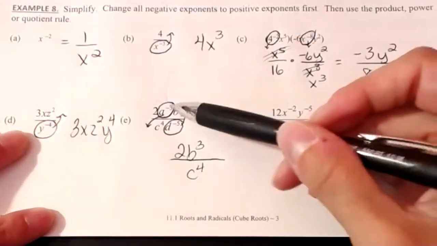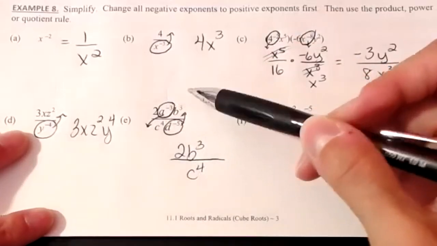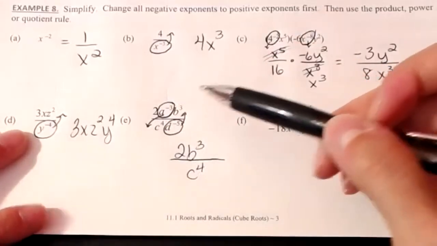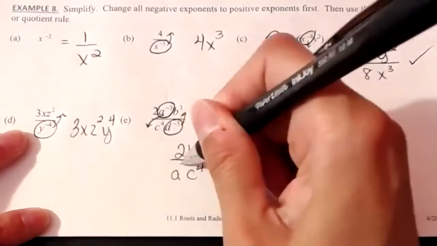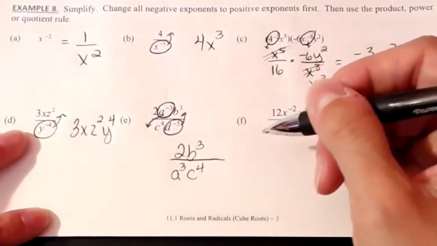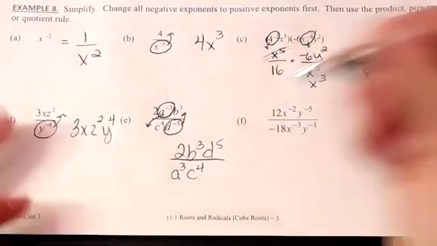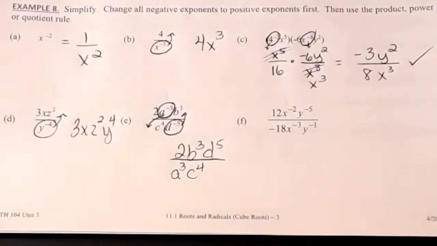And now let's move these pieces. So what else is in the denominator? A to the 3rd. Yes. And what else is in the numerator? D to the 5th. And you're done. Perfection. We have no other common bases, so we're not going to be able to simplify here. Perfect. Excellent work.